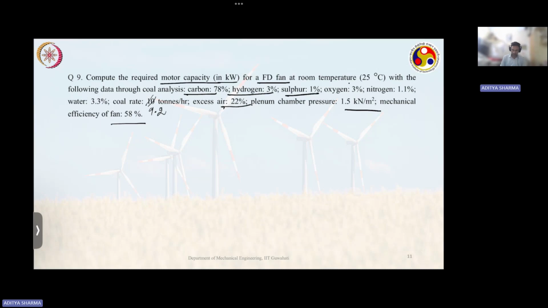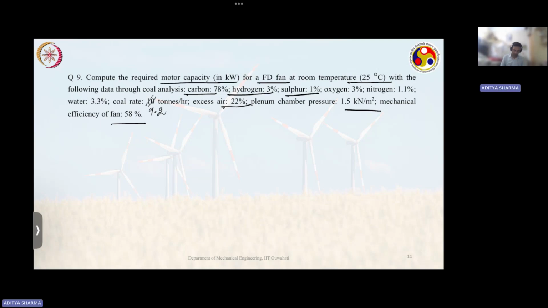It will be used at this temperature, and about the coal data has been given, the mass fractions of different elements, and the rate at which the coal is being given to your combustor, that is also given here.